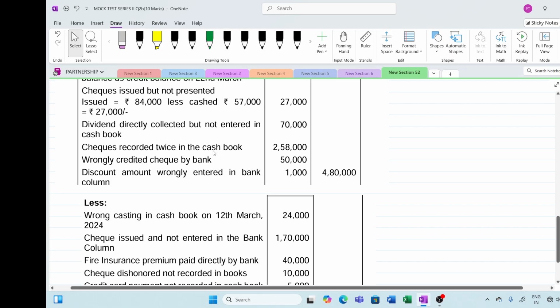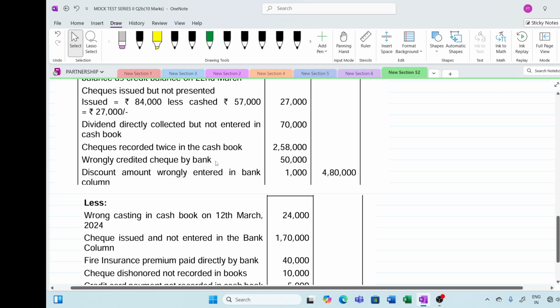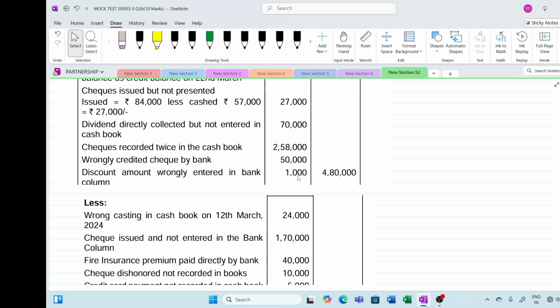Then twice we are writing on the credit side, whereas the balance will not come down the second time. So you have to increase it in bank. And the wrongly credited check by bank, they have given us credit of 50,000, and discount received is by mistake entered in the cash book on the payment side, whereas it is not a payment. So this 1,000 would have been more in the bank account.